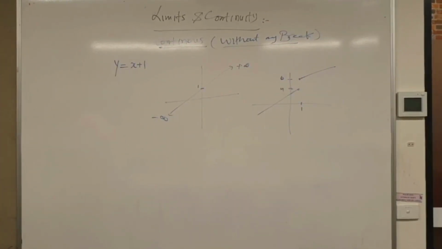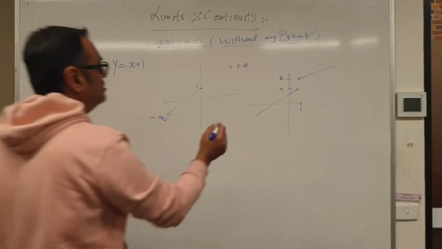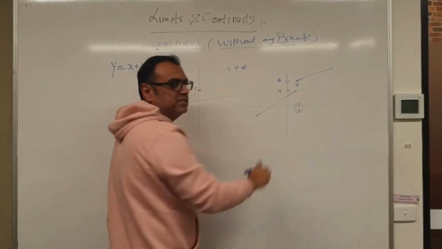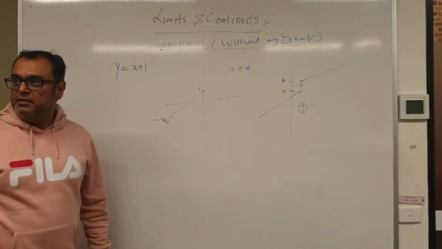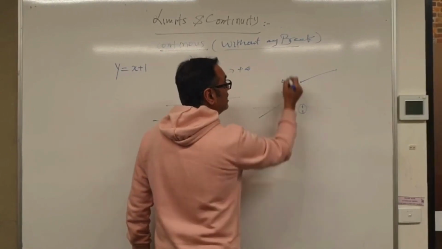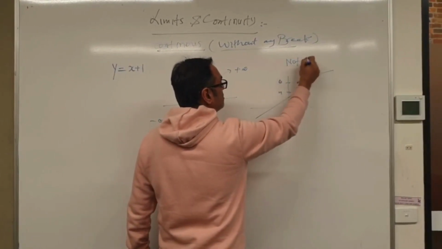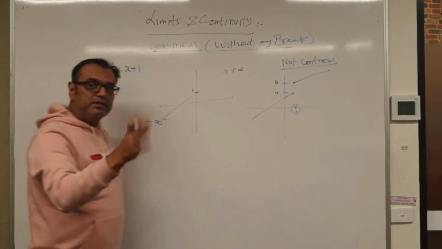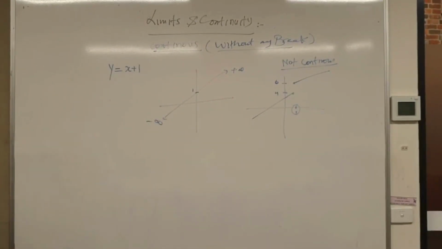It has one break in it, right? At x equals 1, the graph breaks. There's this gap here. So this function is not continuous. In very, very layman terms, plain English terms, this is what continuity means.